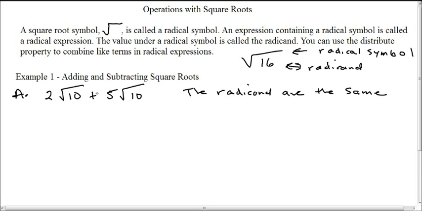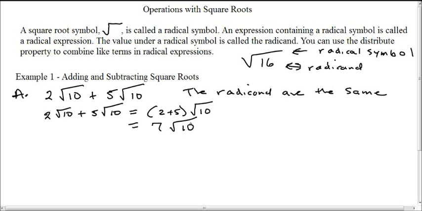Here, the numbers in front of my radical are 2 and 5. So I would have 2 times the square root of 10, plus 5 times the square root of 10, is equal to 2 plus 5, times the square root of 10. Adding it up, 2 plus 5 is 7, so 7 times the square root of 10.